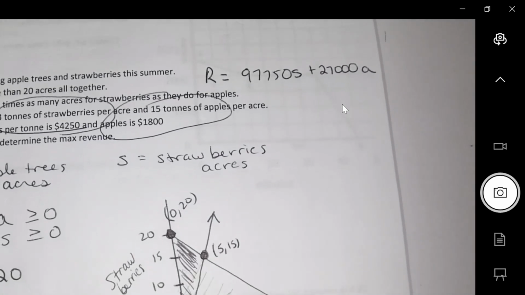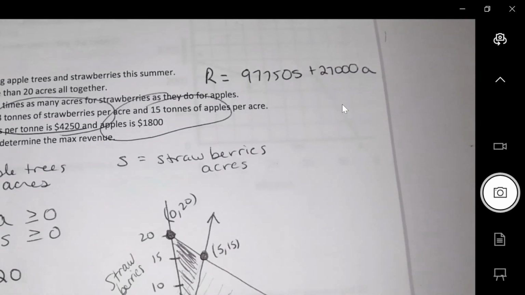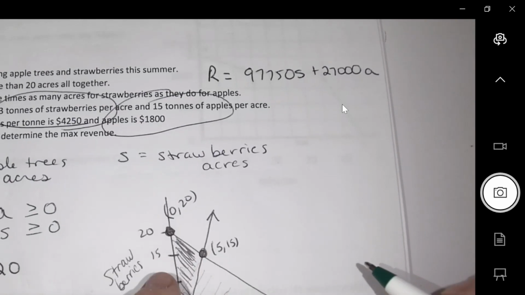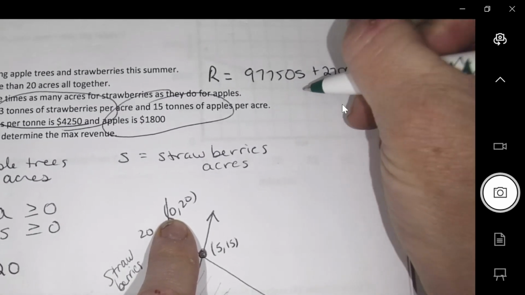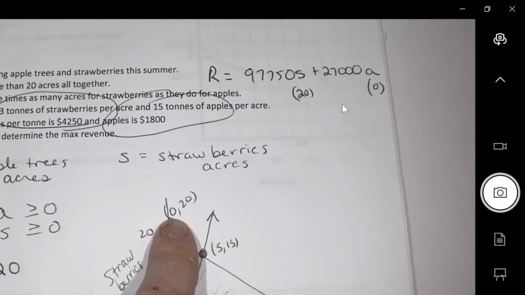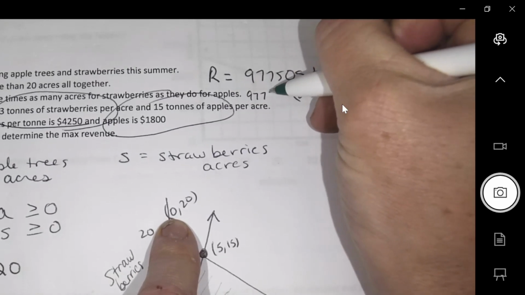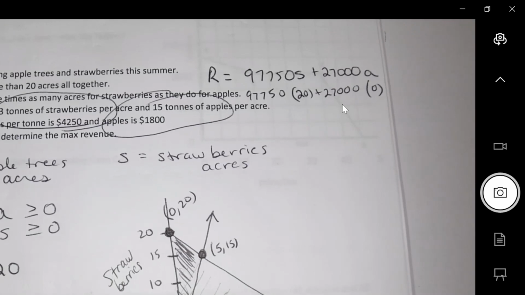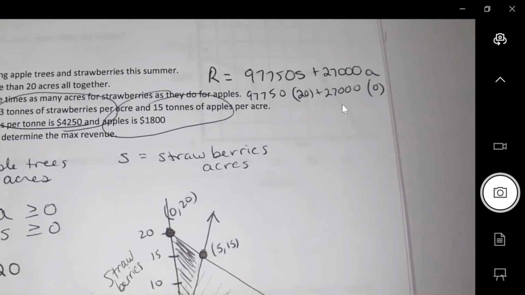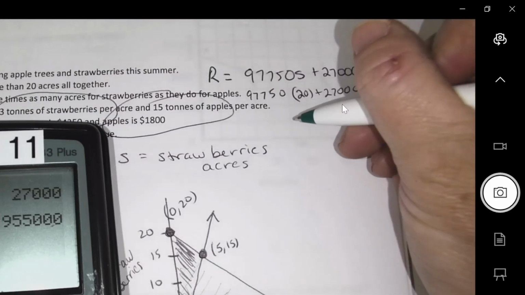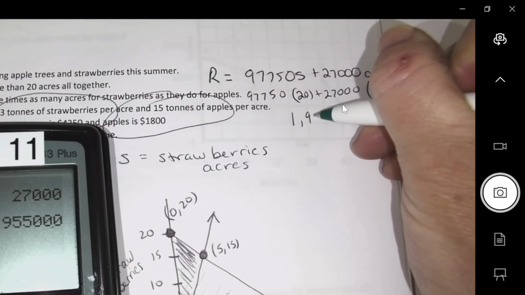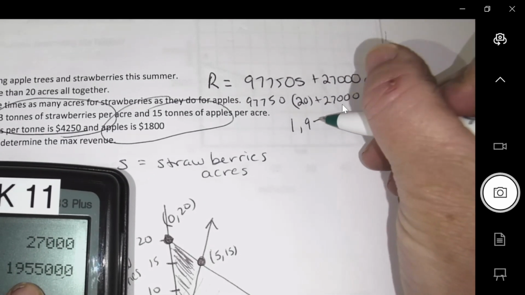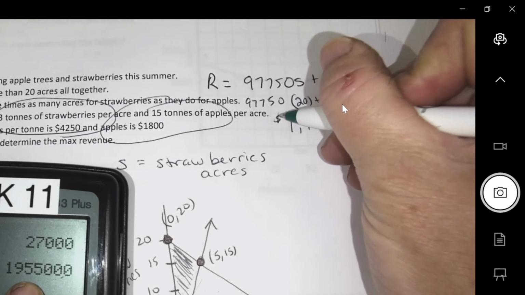Okay, so which point makes the most money? So out of those 3 points, obviously 0, 0 is not going to make us the most money. So if we had 0 apples and 20 strawberries, we would almost make $2 million.